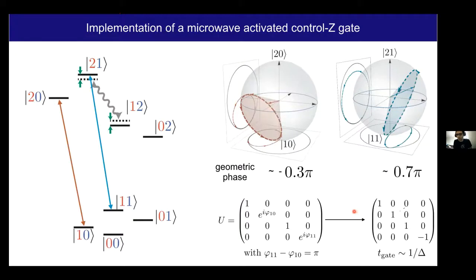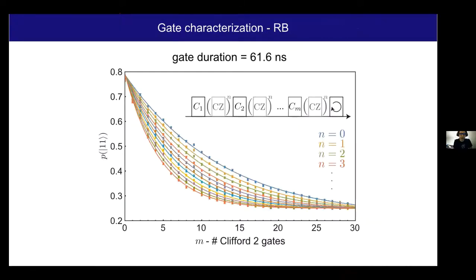So how good is this gate? So again, we can perform a randomized benchmarking of this 2-qubit gate. So we can implement a list of 2-qubit Clifford operations and see the decay as a function of the Clifford number in blue. And if we interleave the CZ in between each Clifford operation, we get the yellow curve. And we can actually interleave 2 CZ, so CZ squared if you want.